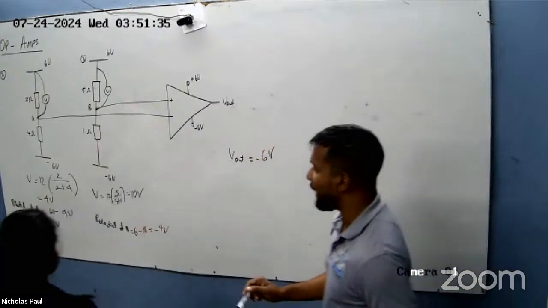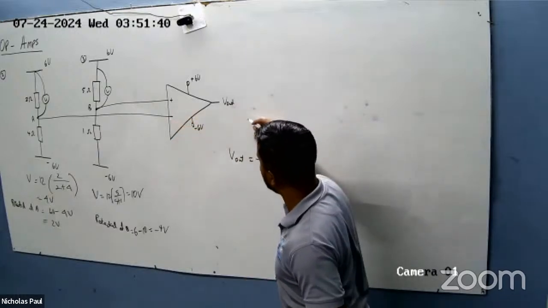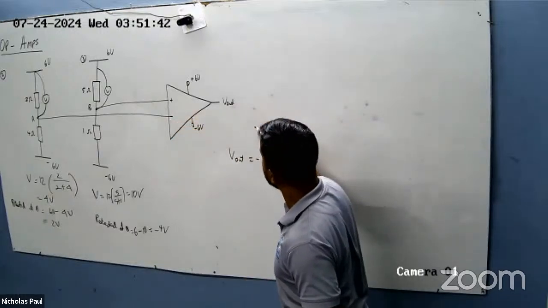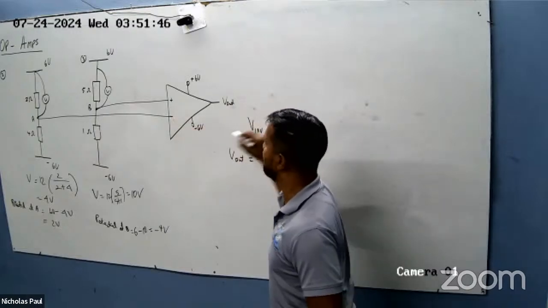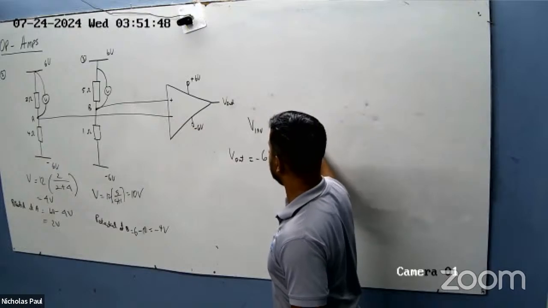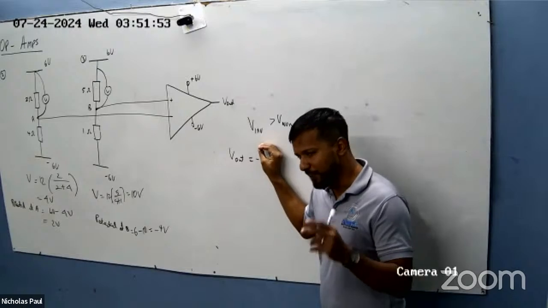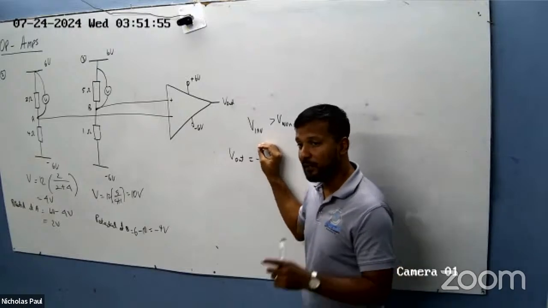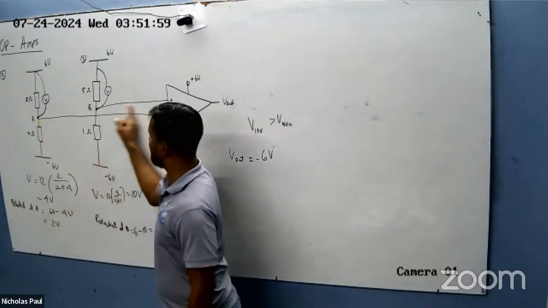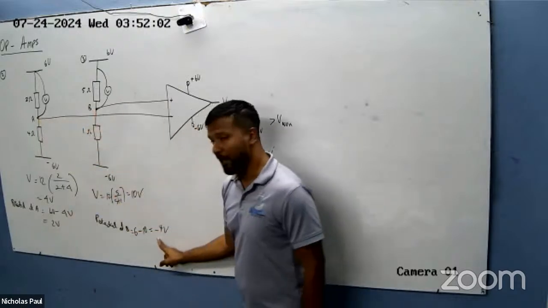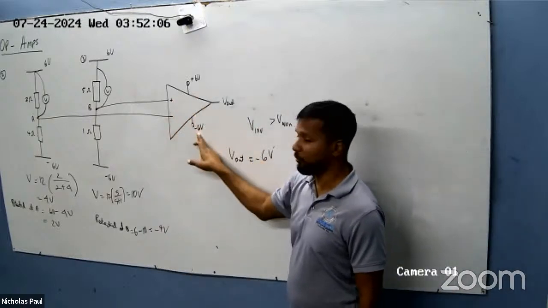And the reason it's negative 6 volts is that the potential at the inverting terminal is bigger than the potential at the non-inverting. The potential at the inverting is 2, the potential at the non-inverting is -4. So this is bigger than this, so it's saturated low.